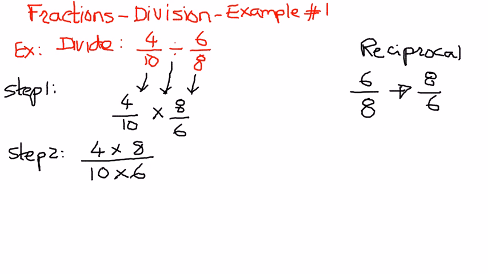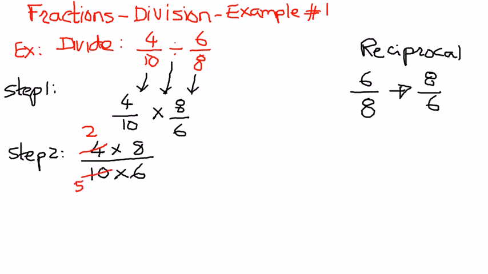Let's start with 4 and 10. 4 and 10, both of them are multiples of 2, therefore we're going to take the 2 times table. 2 is common in both 4 and 10. 2 times 2 is 4, and 2 times 5 is 10.